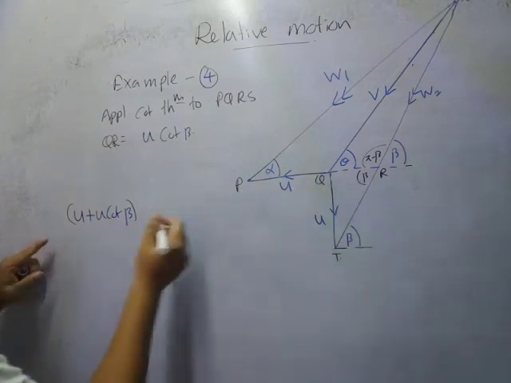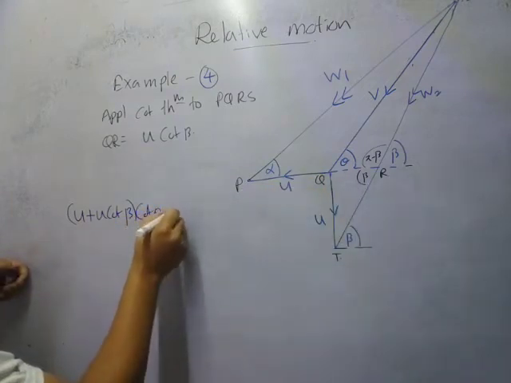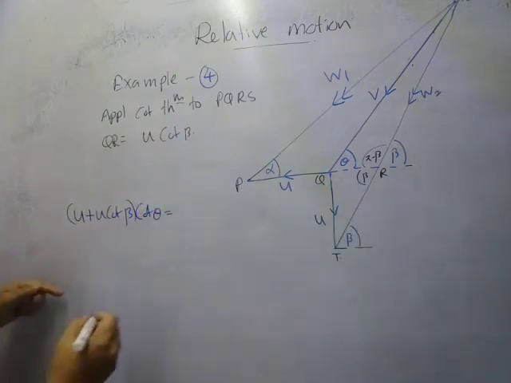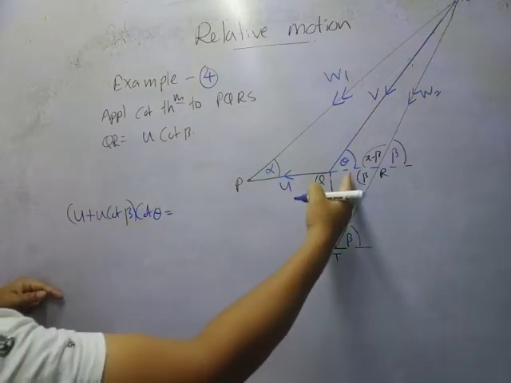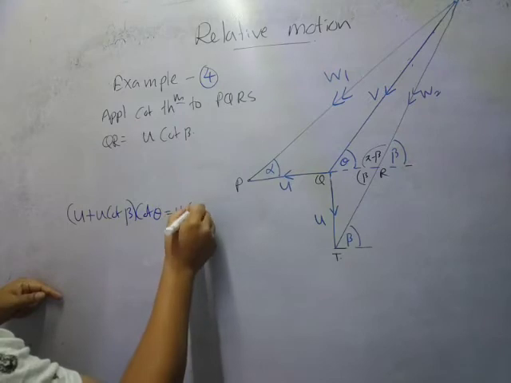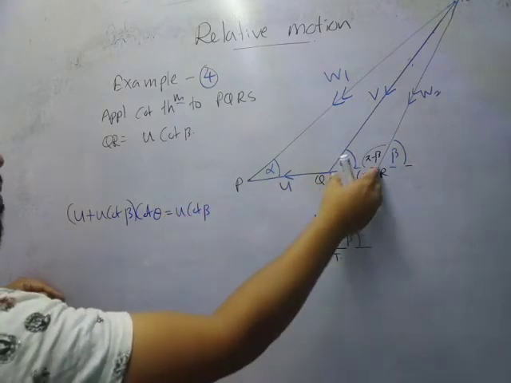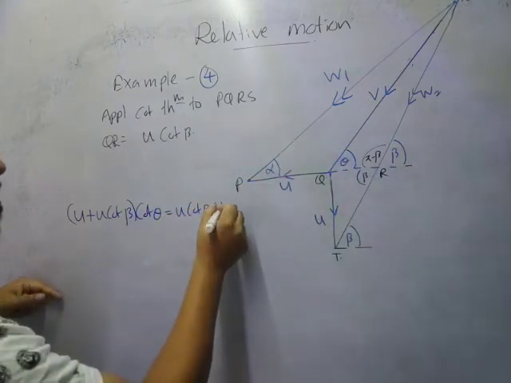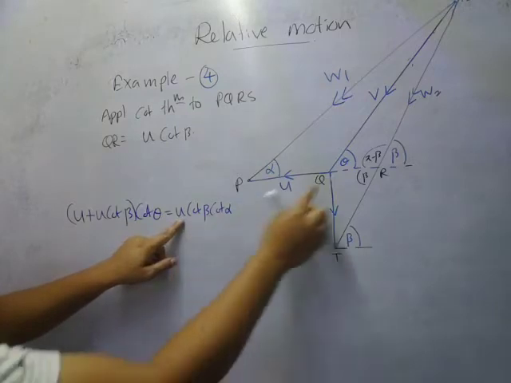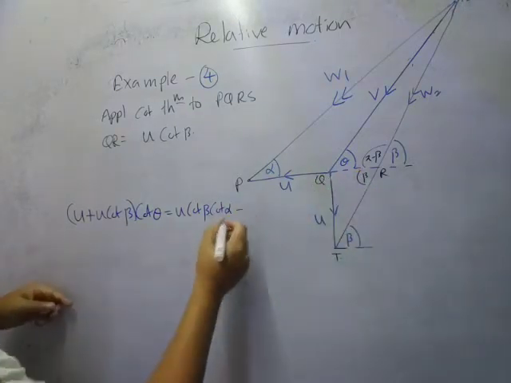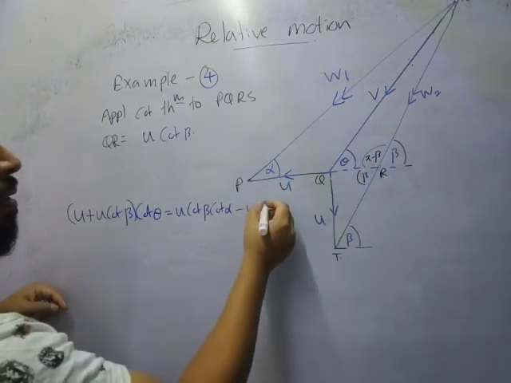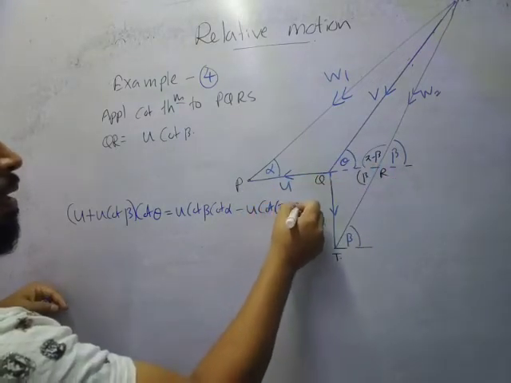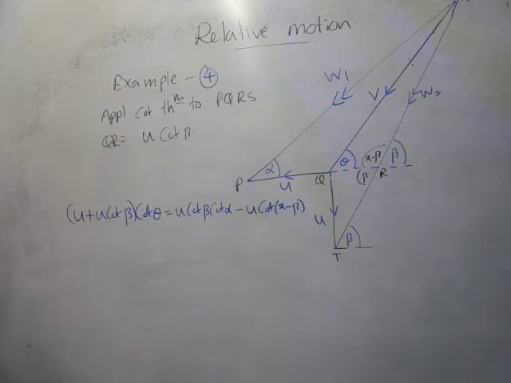Then may sides වල එකතු වෙනවා. Cot theta must be equal to u cot beta cot alpha. දැන් මේ u cot beta වේ මේ side එක හින්දා minus u into cot pi minus beta.